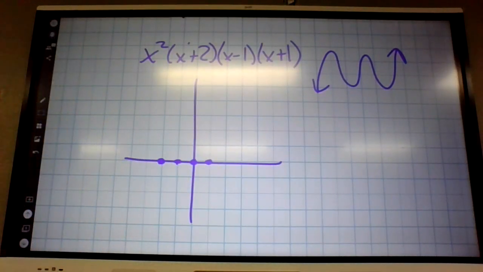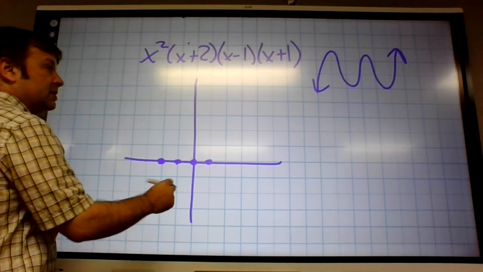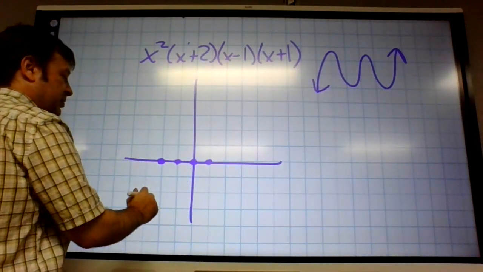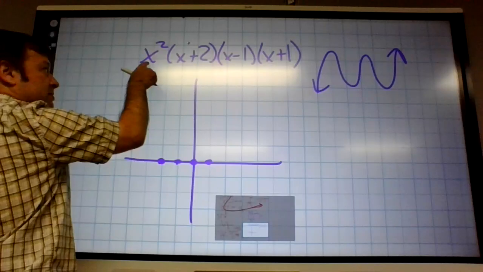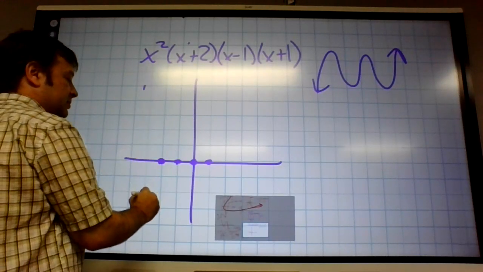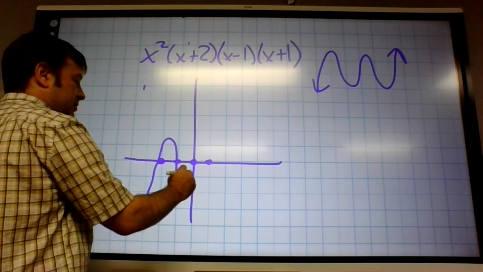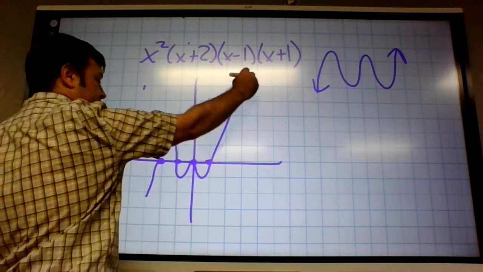Okay, they're really close to each other, so it's not going to get very high. So I'm going to start down, end up, and make sure I bounce when I get to 0. So start down, go up, down, bounce, back up.